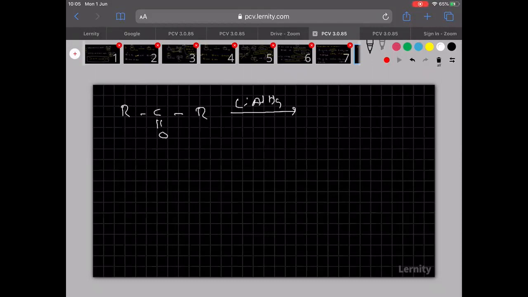Because ketones, anyone remember in the starting class I told you, ketones are less reactive, aldehydes are more reactive. So due to less reactivity, to reduce the ketones, we have to use a strong reducing agent like lithium aluminum hydride. Is it clear? So now what happened? When ketones undergo reduction, the product obtained is which alcohol? Secondary alcohol. See clearly.